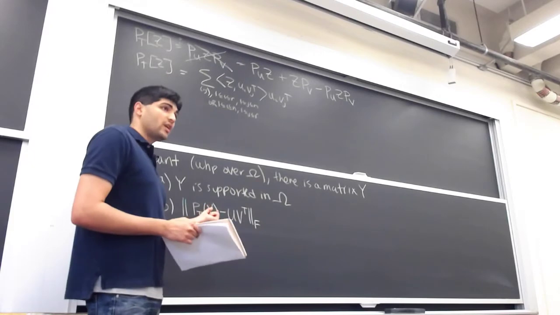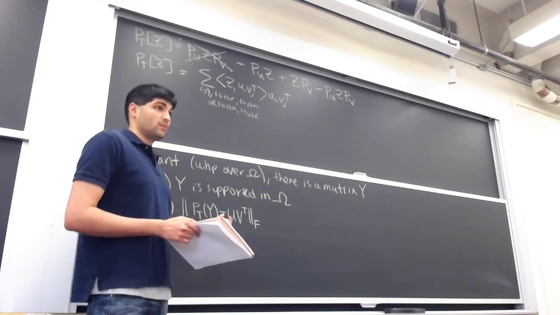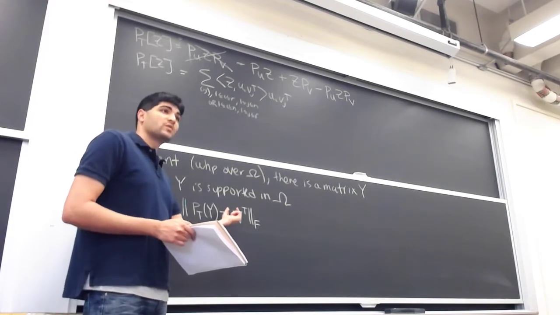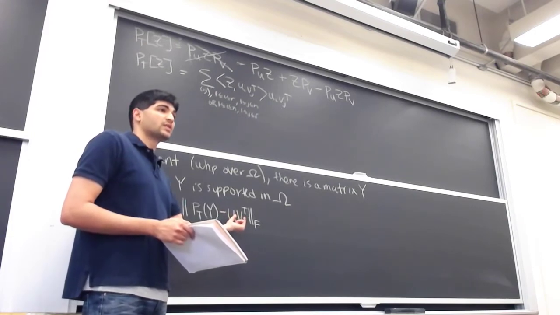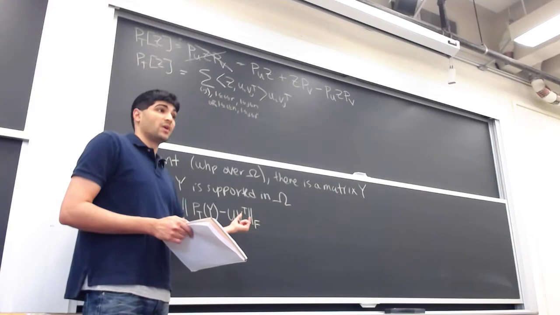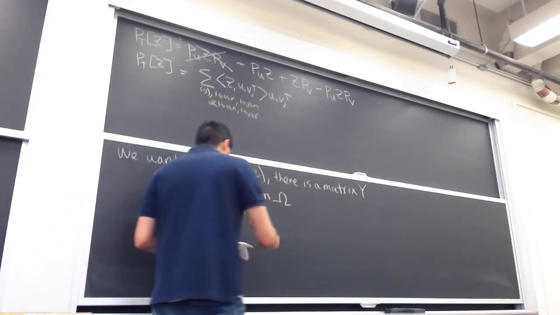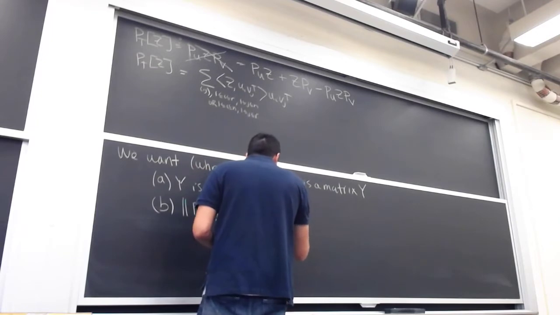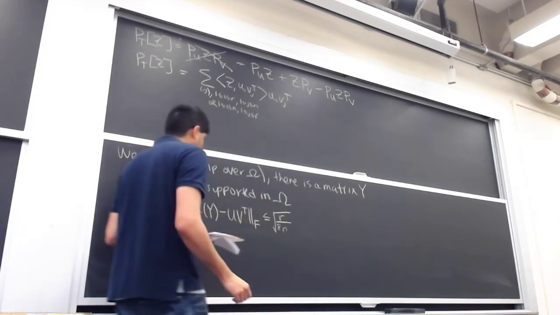So instead, what we're going to settle for is that we want P_T of Y to be close to UV transpose, which, if you remember, is what the perfect dual certificate is for the nuclear norm of M. So we want that this quantity is going to be small. And how small? I'll just tell you what the answer we're going to need is.